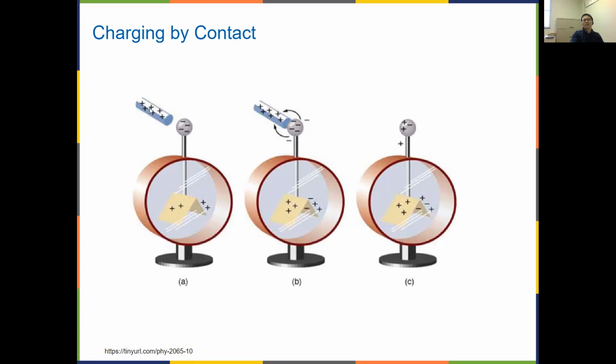When they touch, the negative and positive charges neutralize each other. Then you remove the rod. Because negative charge has moved to the rod, overall you have positive charge, so the metal is now charged positively.